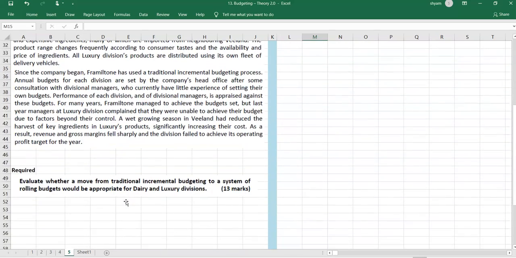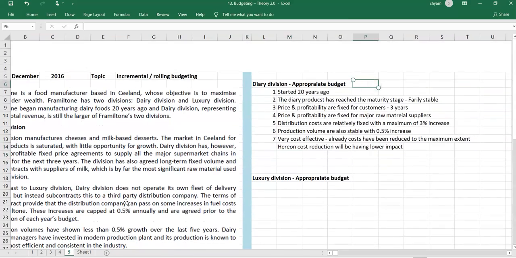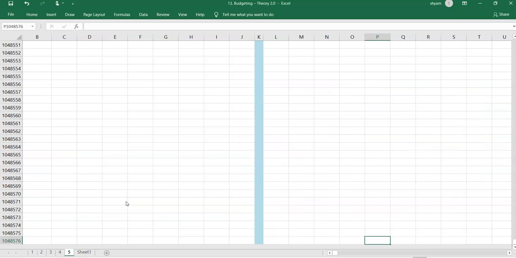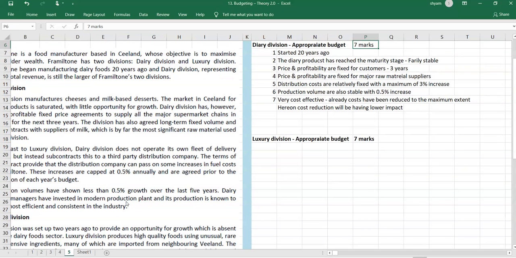So the question was for 13 marks, so we had to create at least 7 points. Okay, 7 marks for this and 7 marks for this. I think that would be the normal way to score here. And we have got these for the dairy division. Okay, so what is our suggestion here? Our suggestion is the key part.